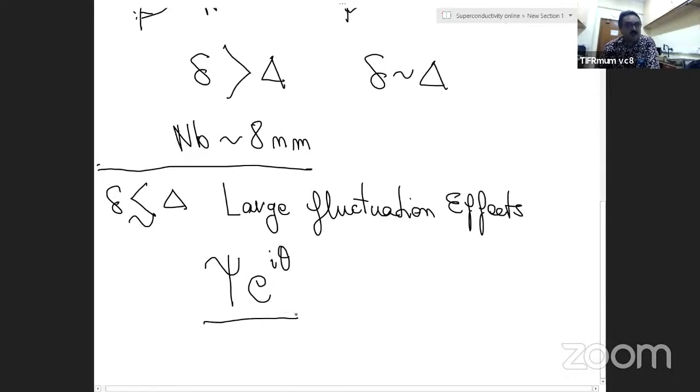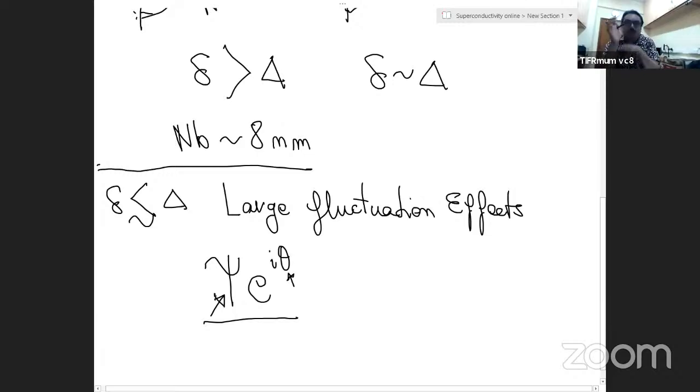Now this is not really a quantum mechanical wave function, but it mimics in many ways the quantum mechanical wave function. Because all these Cooper pairs are in a phase coherent state, all of them have a phase theta, and then there is an amplitude of this wave function.